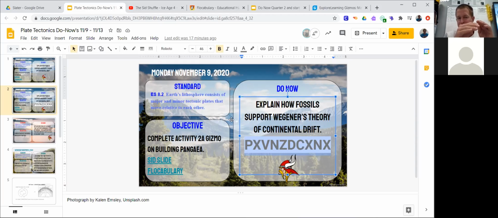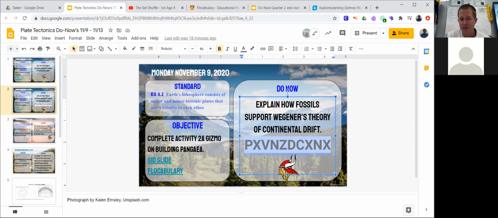And as they move, they cause different things to form, different geologic features. So we have mountains or valleys, subduction zones, volcanoes, earthquakes, all of those things occur.